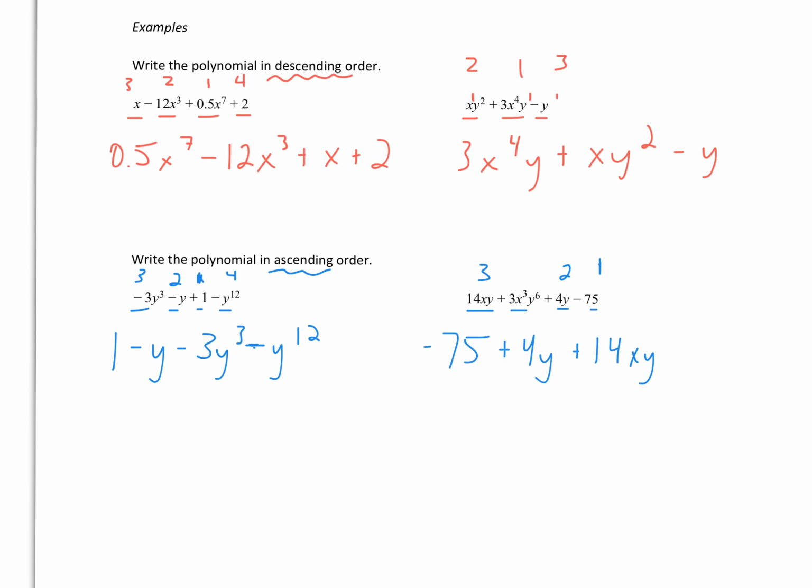And then x cubed y to the 6 has a degree of 9, so that'll be the last term I put on here. And that's labeling polynomials or writing them in ascending order. So with all this information, use these notes to work on section 3.1. And that's it.